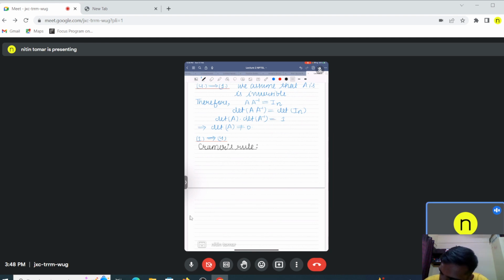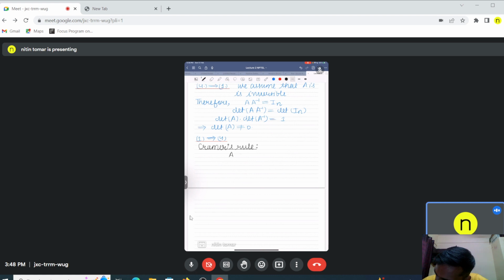In one form, it says that A inverse is actually 1 upon determinant of A, or more precisely, it will be A times adjoint of A.